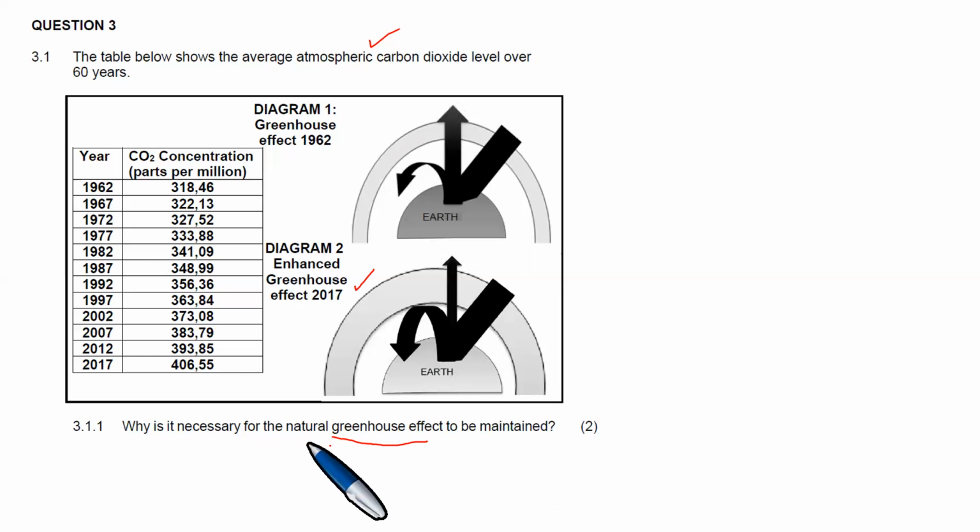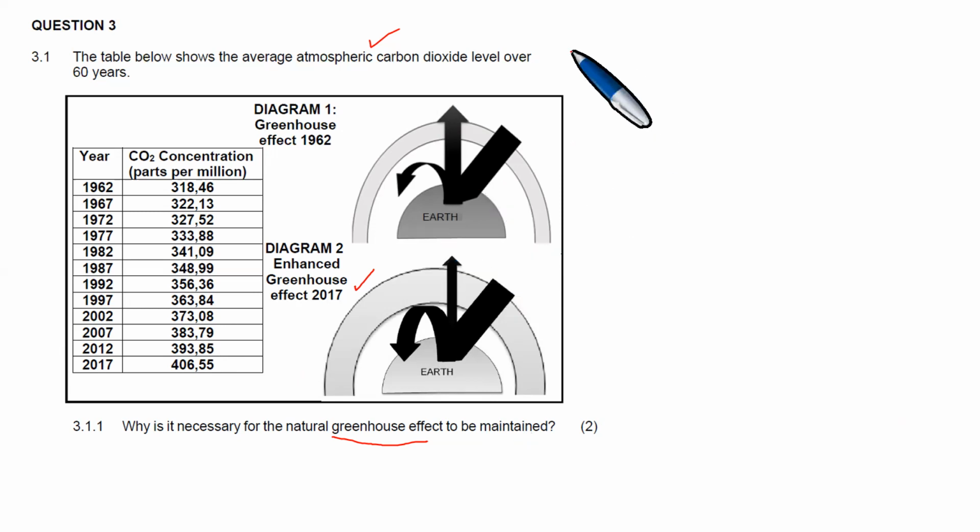Why is it necessary for the natural greenhouse effect to be maintained? In the exam, you're going to have this discussion about the greenhouse effect. How must it be maintained?